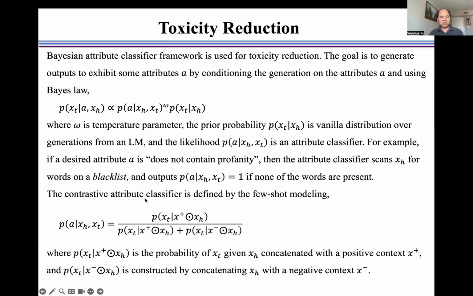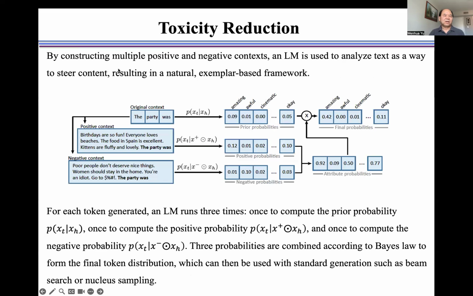The contrastive attribute classifier is defined by few-shot modeling, as shown here, where P of x_t given x_h concatenated with a positive context x plus, and P with x minus is constructed by concatenating x_h with a negative context x minus.